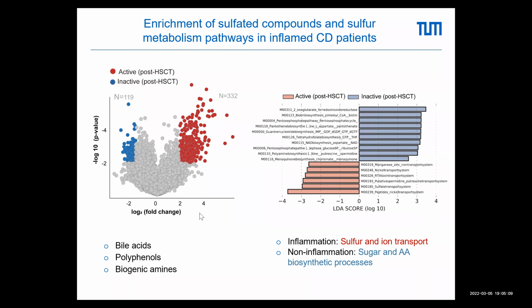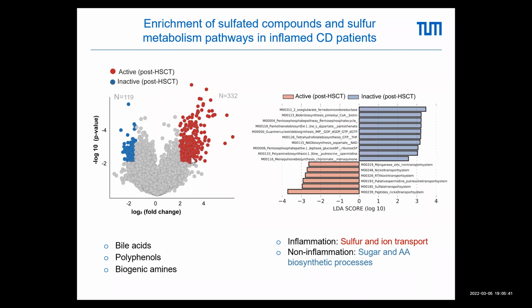And in untargeted metabolomics, we basically look at the whole repertoire of metabolites in the ecosystem, so all metabolites which are secreted by bacteria. And here in this volcano plot, you can see that we identified 332 and 119 metabolites which are enriched in patients with active or inactive disease.